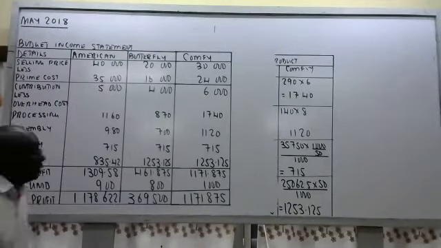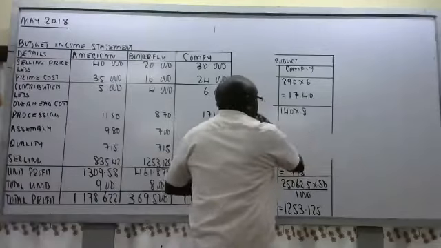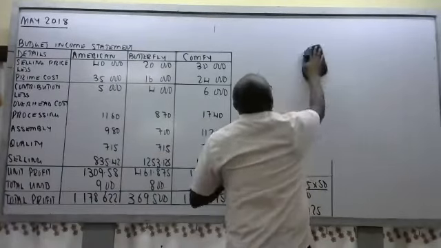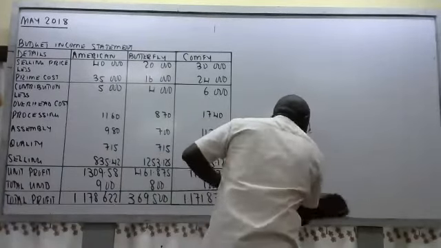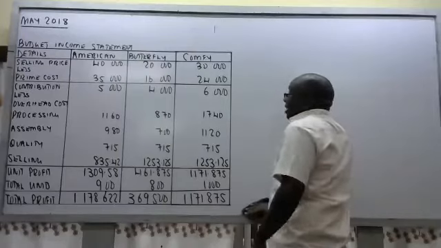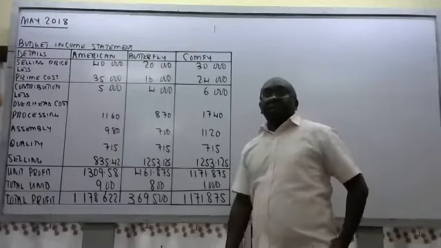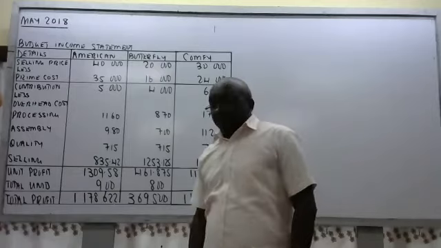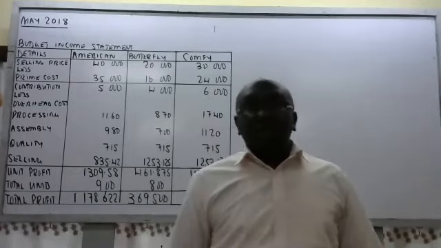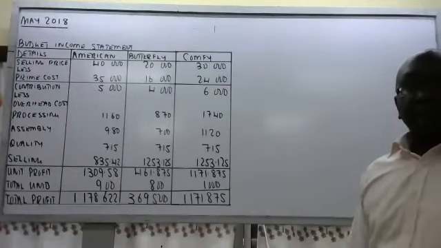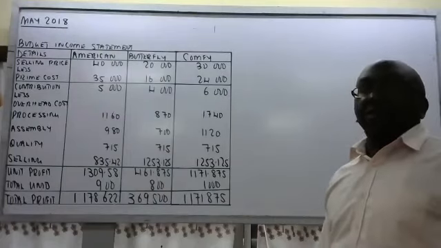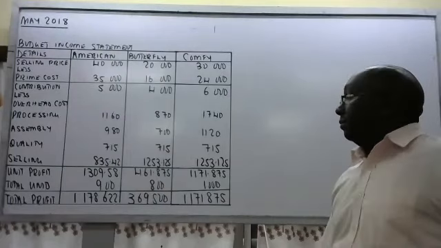Once you finish that, you tell me finished. And even as you write, you can see activity-based costing is more involving compared with the conventional. If I had time, I would have shown you that the total profit is the same.